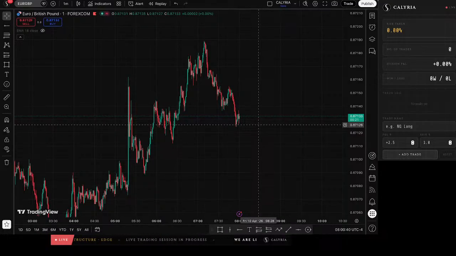Okay, so I guess there is a trade in Euro GBP. So yes, the point is we have got a trade in Euro GBP, but it's moving down and down there. If it moves up to a certain point that I will tell you, we will take a trade, otherwise we will not.